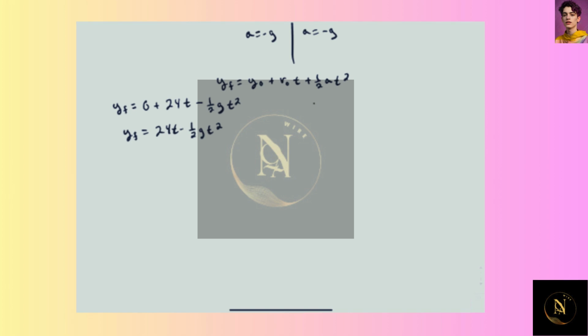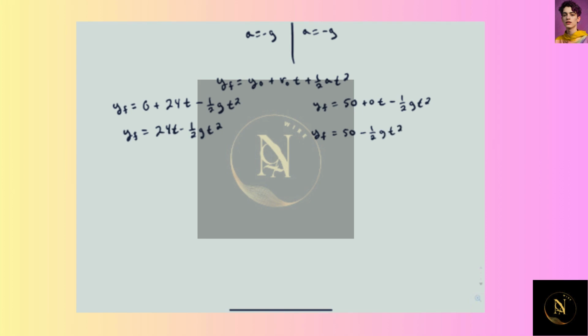And for the ball, we're starting at 50 meters. We have no velocity. And again, minus 1/2 gt squared. So for the ball, our expression is this.